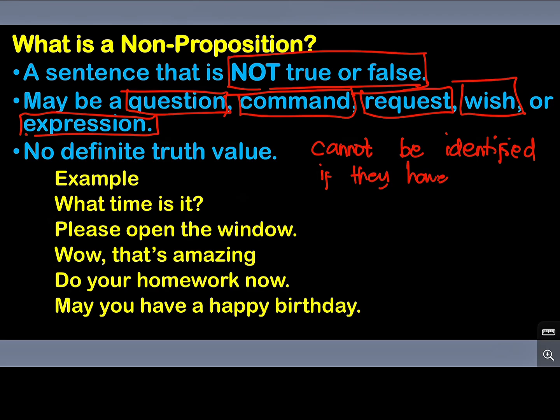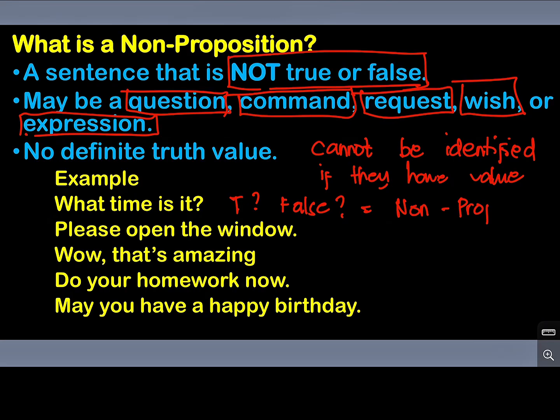Example, what time is it? This one is a question, so it's not a proposition. Open the window. Here, it's not a statement but a request. So, we need to ask ourselves, is this true or false?